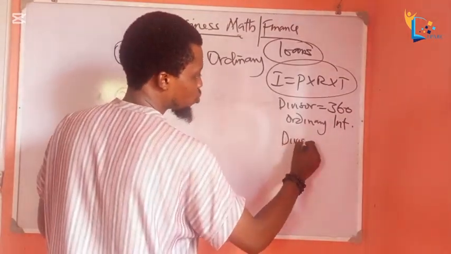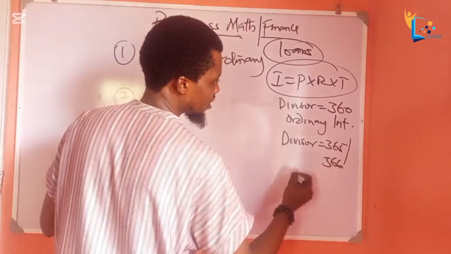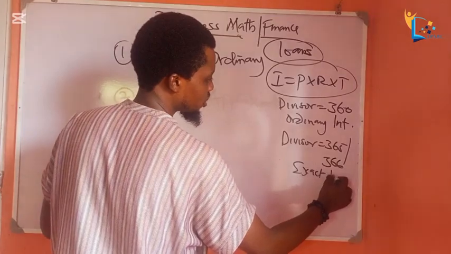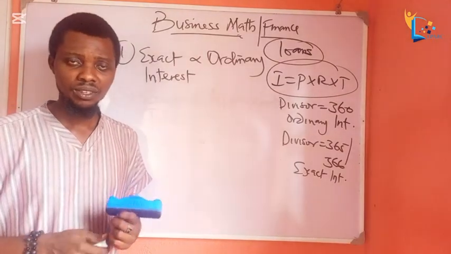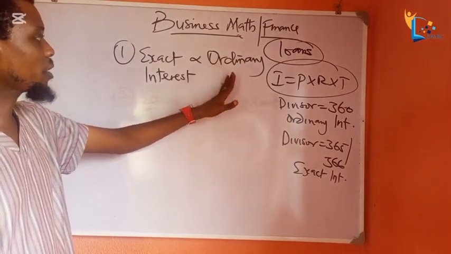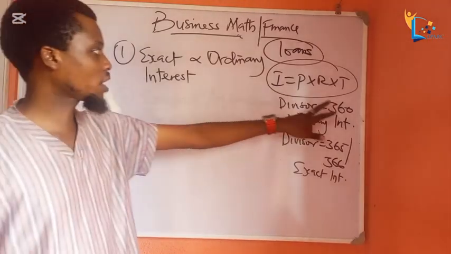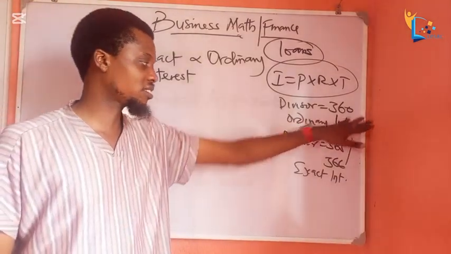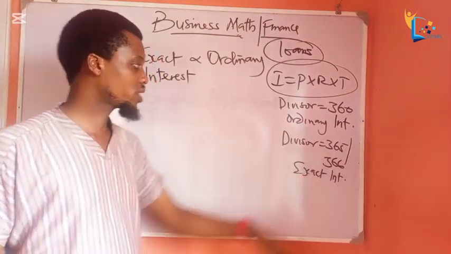But when the divisor is 365 or 366, then we are talking about exact interest. Are we together? The repayment time of the loan is going to be a fractional part of the whole year. So when we are dealing with ordinary interest, we divide by 360. When we are dealing with exact interest, we divide by 365 or 366.